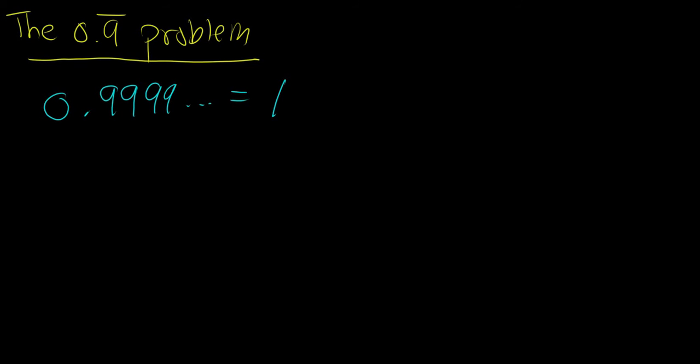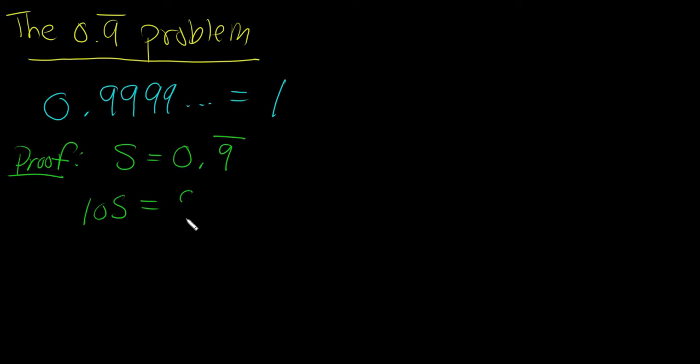And there's a classic proof for this. I'll show it here. You've probably seen this before. I'm going to show it this way, and then I'm going to show it a different way. So this way says that if you let s equal 0.9 repeating, then clearly 10s is equal to 9.9 repeating. You're just moving the decimal over 1 when you multiply by 10. So let's subtract these quantities.